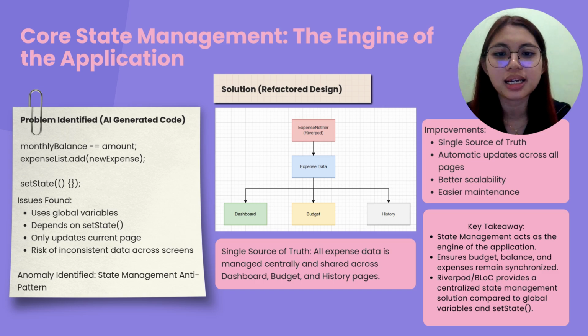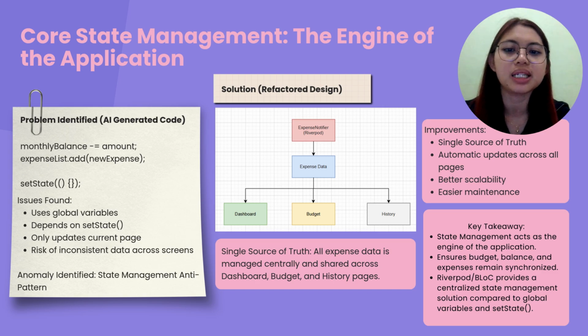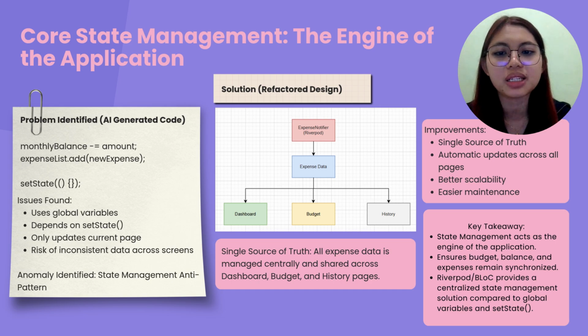This creates a state management anti-pattern because updates only affect the current page and may lead to inconsistent data across different screens. To improve this, we propose using Riverpod as a centralized state management solution. Riverpod provides a single source of truth where all expense data is managed in one place and shared across the dashboard, budget, and history pages.